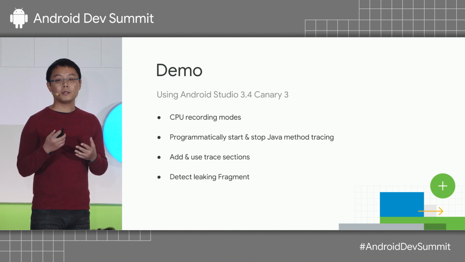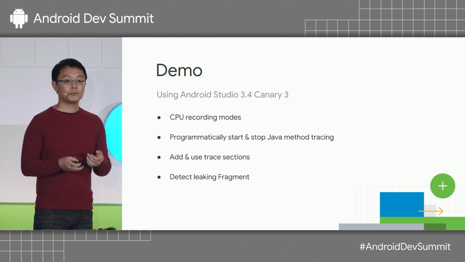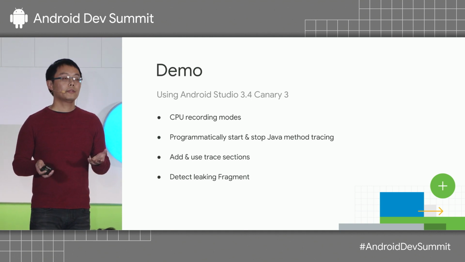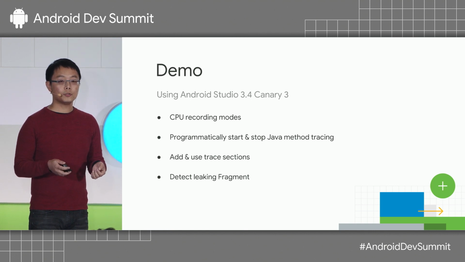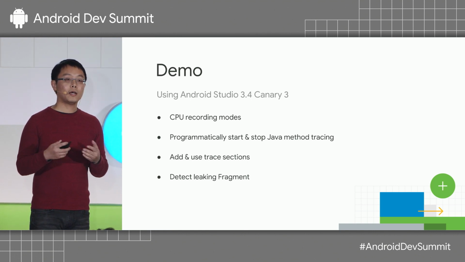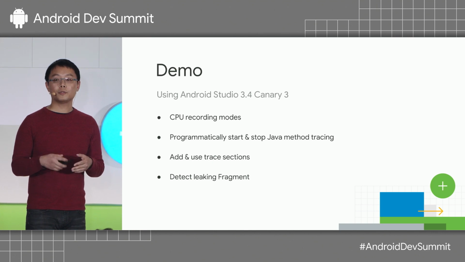We also use profilers to help us understand the performance of this app. As we said before, there are also network and energy profilers in Android Studio, but unfortunately, we don't have time to cover them today. So please refer to our online documents and talks to learn more.